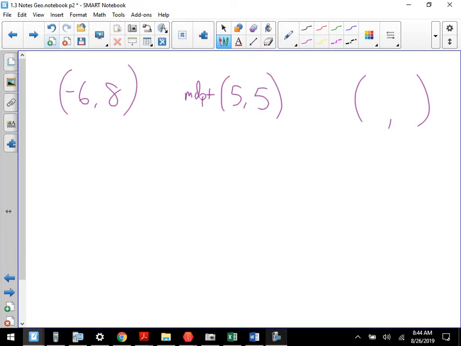So if I look at the x values, to go from negative 6 to positive 5, do we go up or down? How many? 11. You went up 11, so I'm going to write plus 11, which means to go from 5 to this value also has to be plus 11. So what's 5 plus 11?